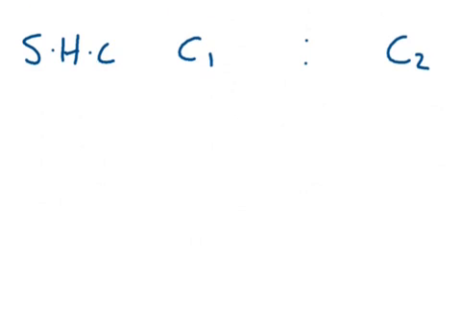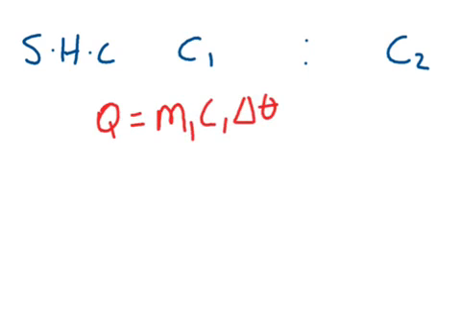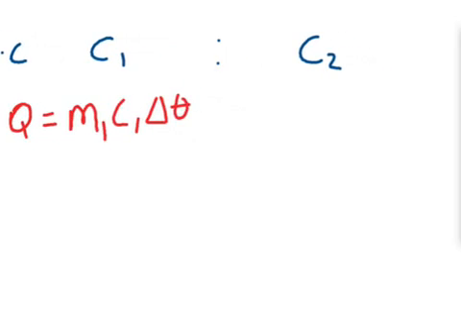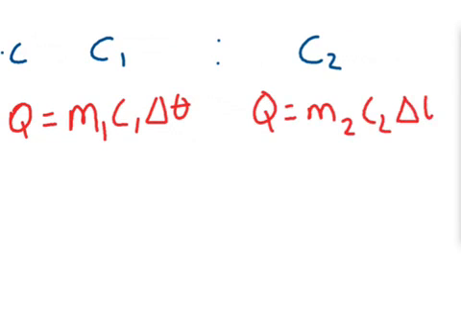So for the first case, the quantity of heat will be equal to what? M1 C1 change in theta, right? And then for the second case, the quantity of heat will be equal to what? M2 C2 change in theta.